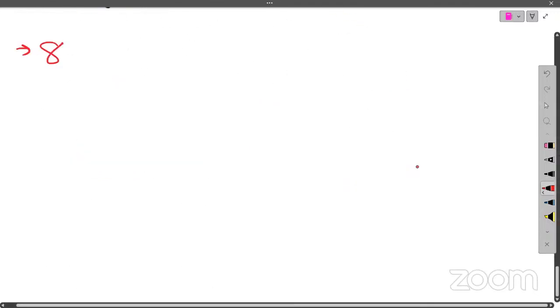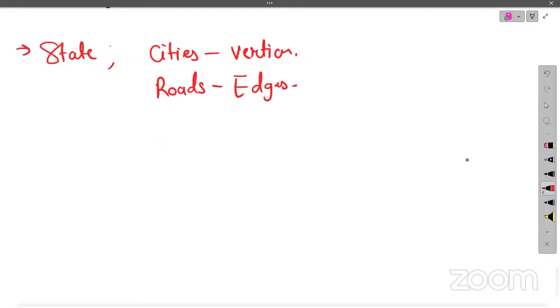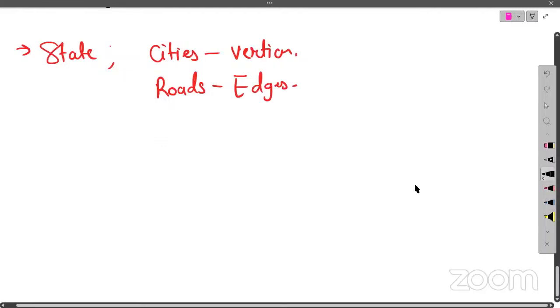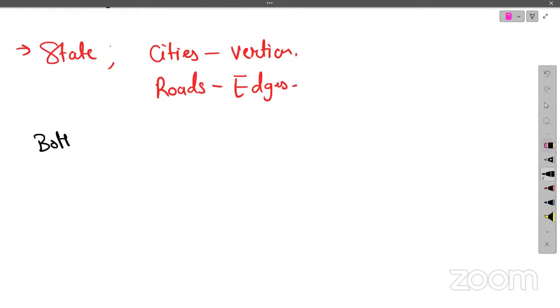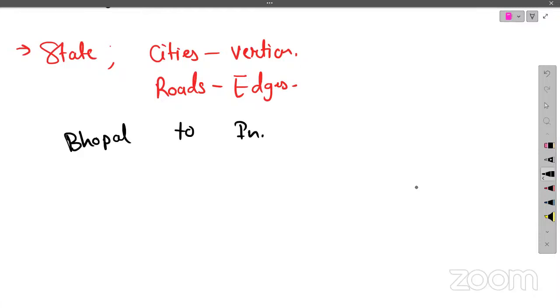Suppose we have a state. In that state, all the cities are our vertices, and whatever roads are there are our edges. Suppose you are in Madhya Pradesh or somewhere. I'll ask you: is there a way to reach Bhopal from the city Indore or not?